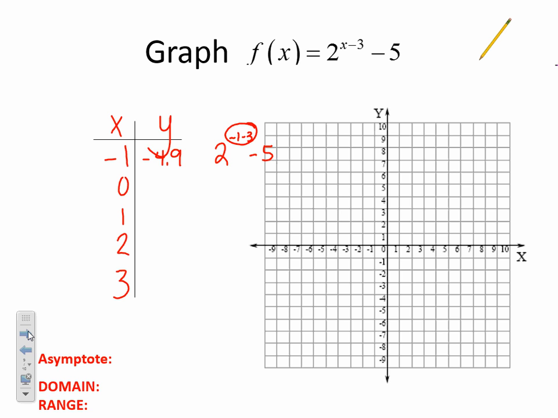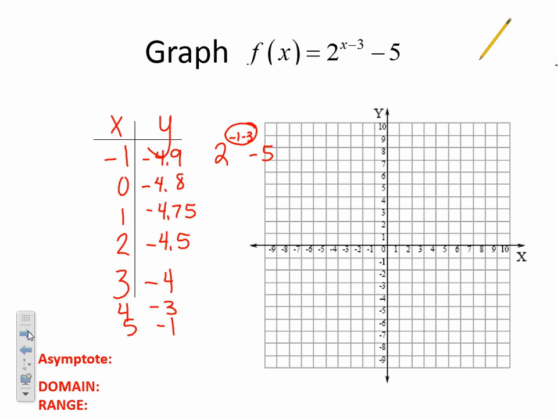If I do 0, I get negative 4.875, which is pretty much 4.9 again. Then 1, I get negative 4.75. And 2, I get negative 4.5. And 3, I get negative 4. If I kept going, for 4 I'd get negative 3, and 5, I'd get negative 1. There are all kinds of nicer points I could graph later on.